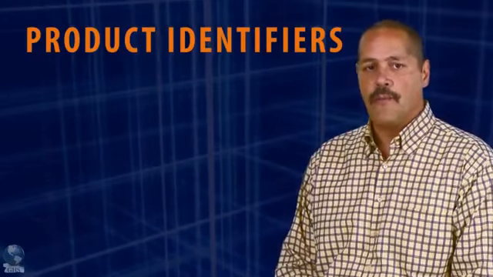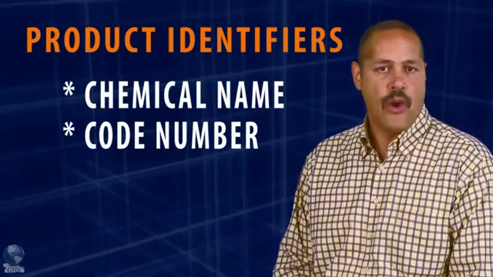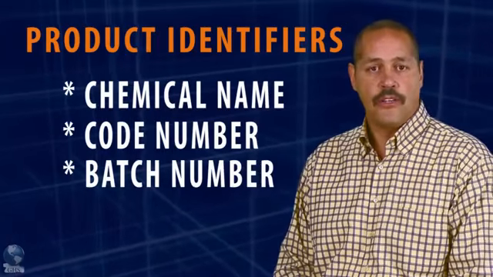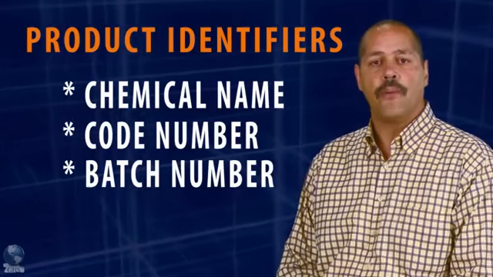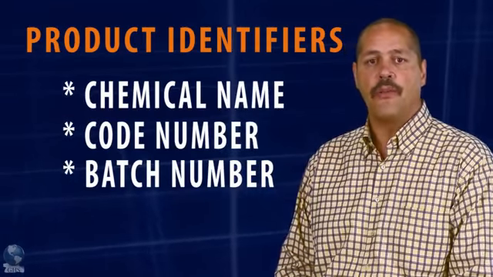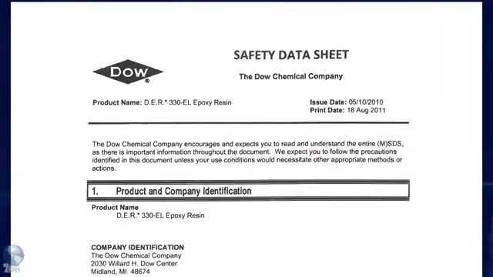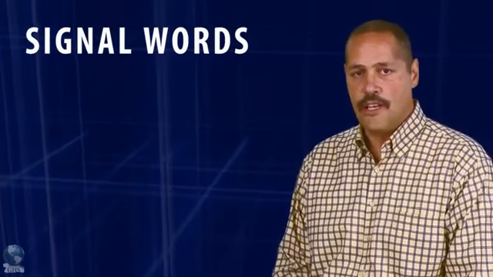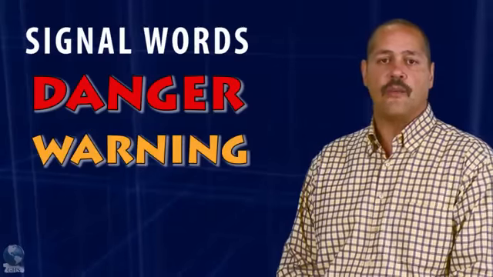Product identifier. This can be the chemical name, code number, or batch number. The manufacturer, importer, or distributor can decide the appropriate product identifier, but the same product identifier must be on both the label and in Section 1 of the SDS. There are two signal words in the GHS system: danger and warning.